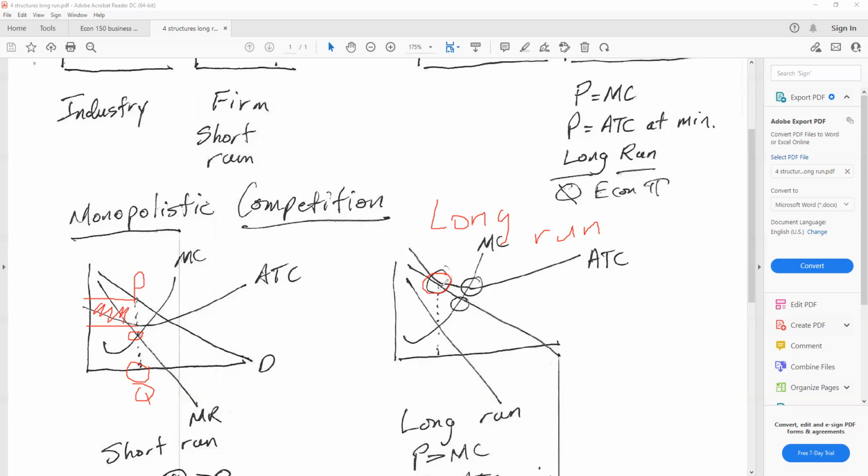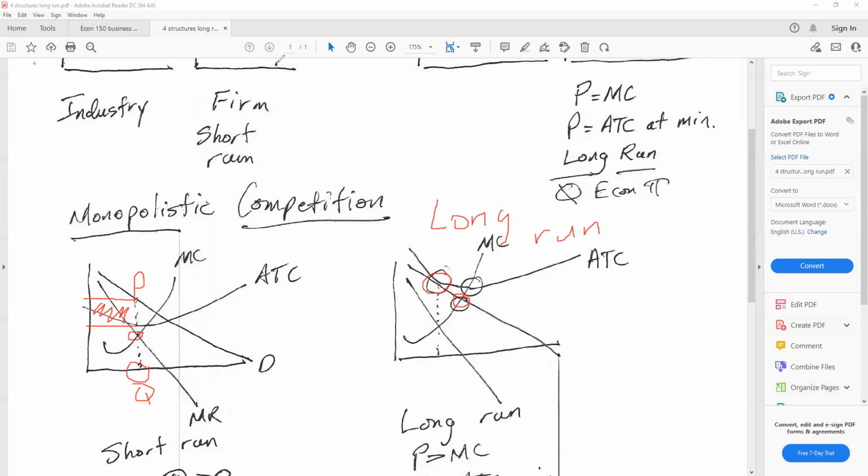So in the long run in monopolistic competition, we will have a price that is above marginal cost. If price were at marginal cost, that's what it would be if we had pure competition. And price is above the minimum of average total cost.